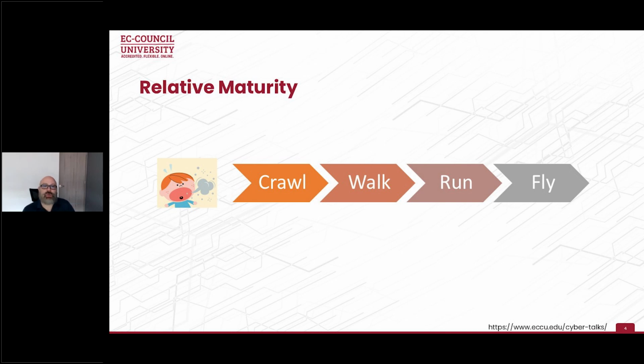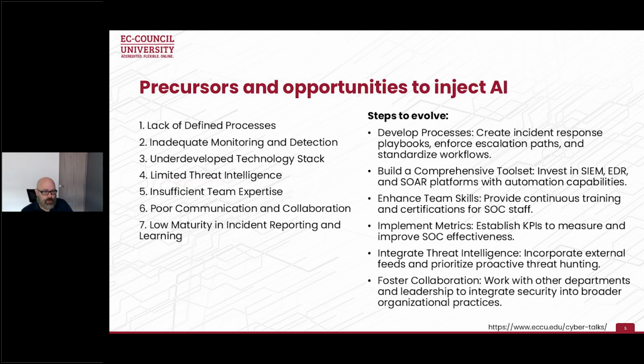So how can you effectively use AI? What are some opportunities? So typically, with a low level of maturity, you're missing process definitions. You don't have a consistent way to respond.